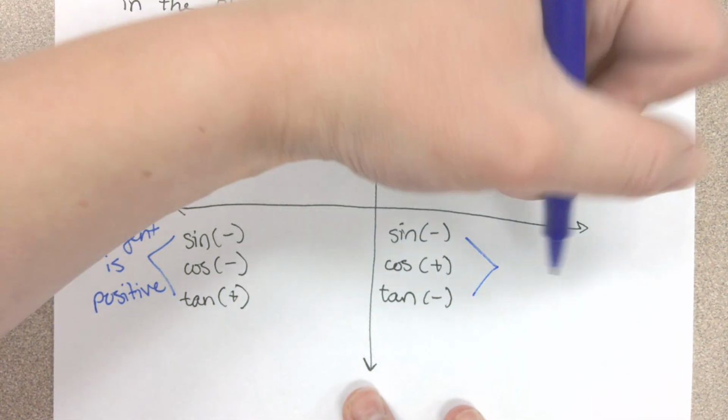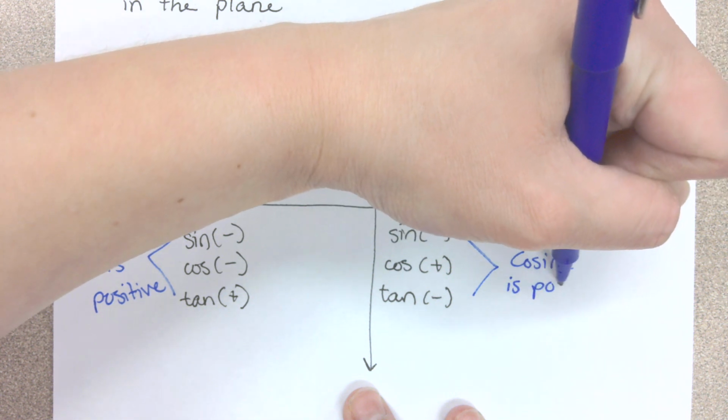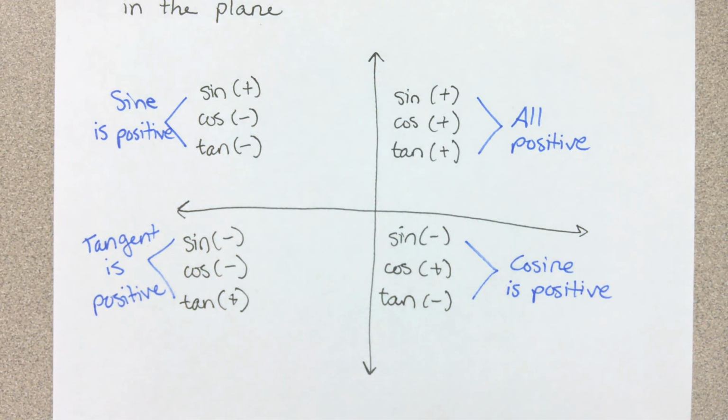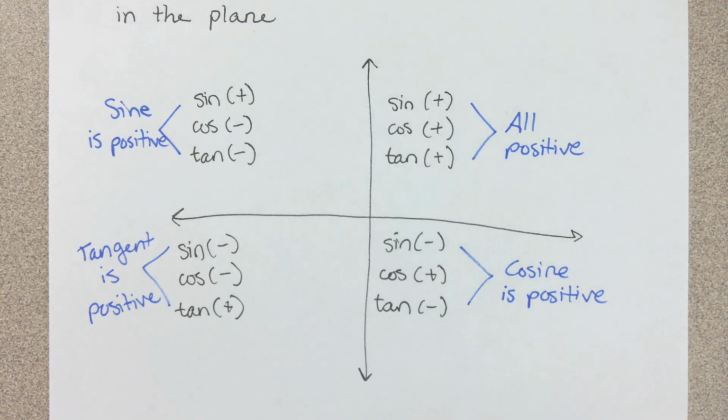And in the fourth quadrant, cosine is positive. This is helpful to know when checking your answers. Again, when we do an actual problem, I'll show you how that's helpful information.